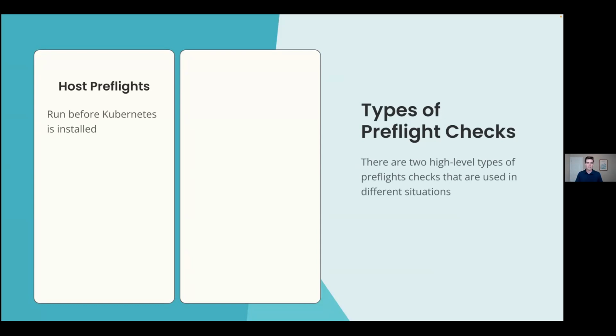So before Kubernetes is even installed, these host preflights run. And the goal of them is to ensure that conditions for running Kubernetes, as well as any associated add-ons for storage or networking, things like that, any conditions for any of those components are met on that host before the installation actually proceeds.